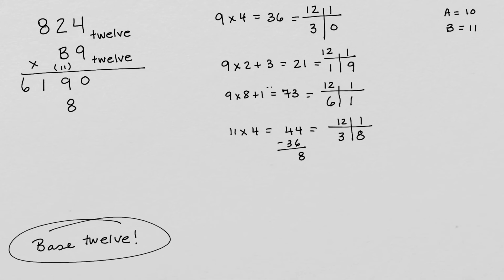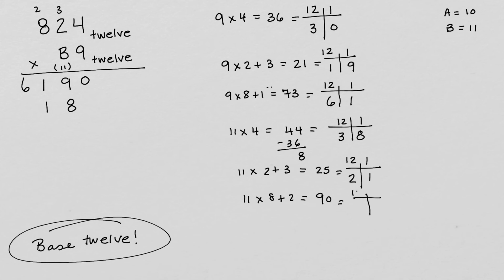And the 3 carries over. And now I have 11 times 2 plus 3 is 25. And in base 12, that's 2 groups of 12 and 1 left over. So I bring down the 1, carry the 2, and 11 times 8 plus 2. And that's 88 plus 2 is 90.